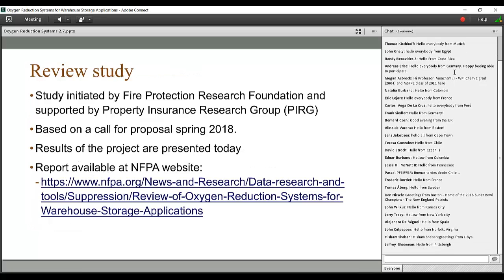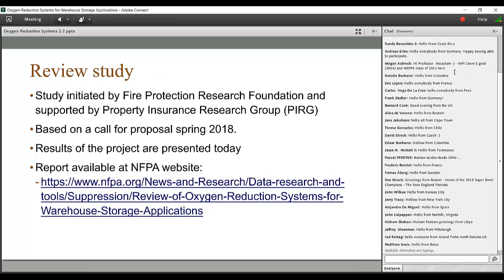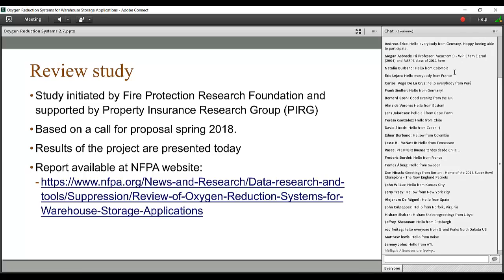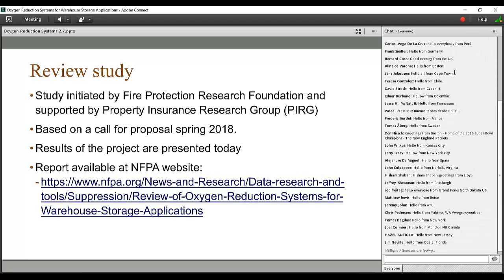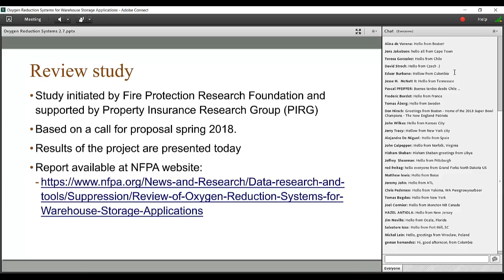So the review study was initiated by the Fire Protection Research Foundation and supported by the Property Insurance Research Group, PIRG, and it was based on a call for proposals in spring 2018, so it's almost 1 year ago. And we will mainly focus on the results of the project and present them today.